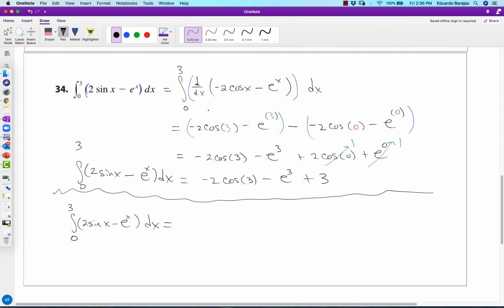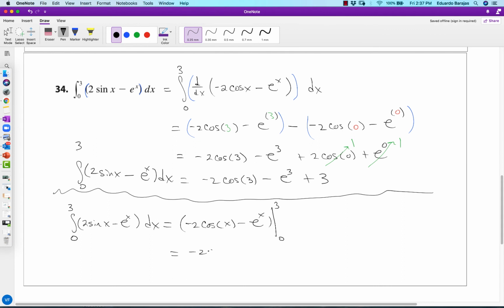So we're not going to bother with rewriting it. We're just going to jump right into our antiderivative, which is minus 2 cosine of x minus e to the x. And this is going to get evaluated from 0 to 3. So this means that it's exactly that up there.